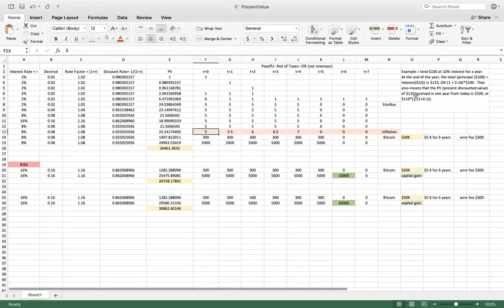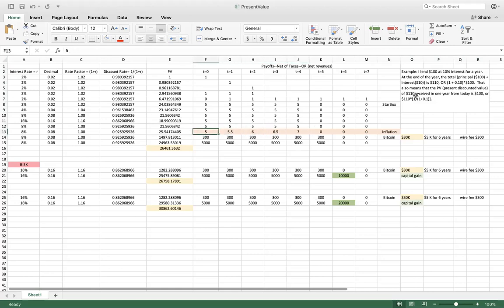And here, this is the Starbucks example, assuming that the nominal or dollar price of Frappuccinos goes up. So it's promising me not $5, but a Frappuccino every year. Currently that's $5, but next year it might be $5.50, the year after that $6, $6.50, $7, and so on.